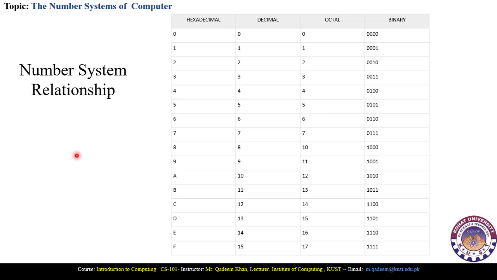Now this is an important table which summarizes all these concepts. First we have the binary numbers, then octals, decimals, and hexadecimals. In the decimal, we have the digits from 0 to 9, so 0, 1, 2, 3, 4, 5, 6, 9. Next is 10, which is composed of 0 and 1, so this is 10, 11, 12, 14, 15, and so on.